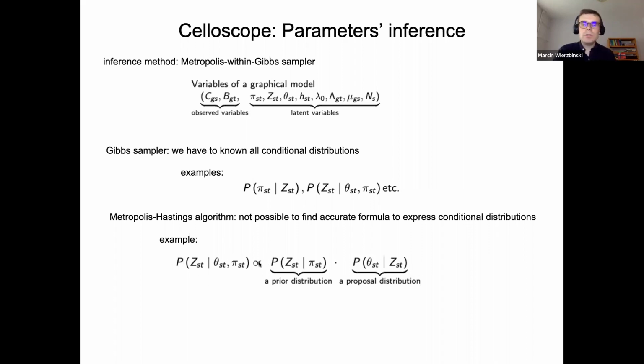Our distribution is known up to some constant, and we want to sample from the product of the prior distribution and the proposal distribution.